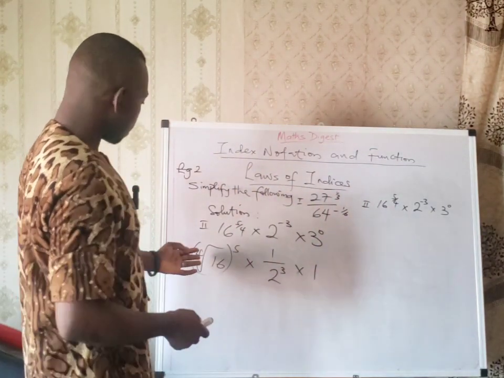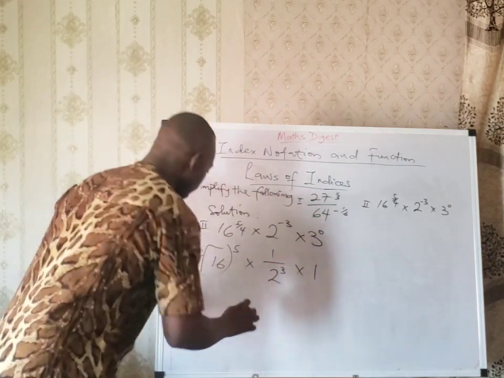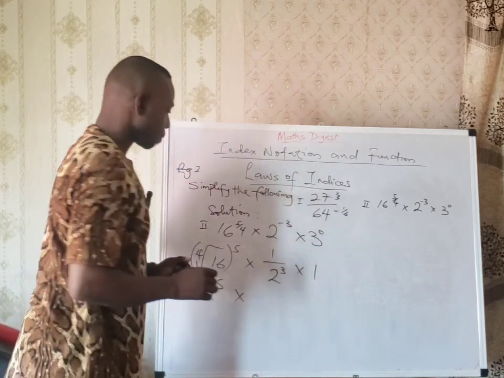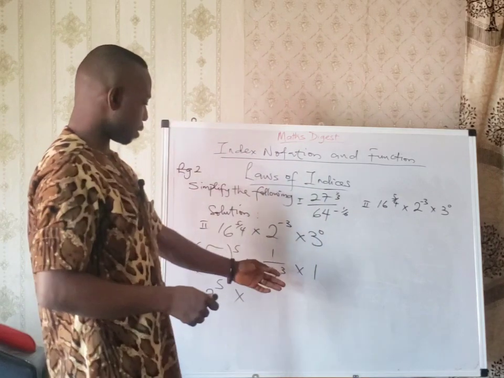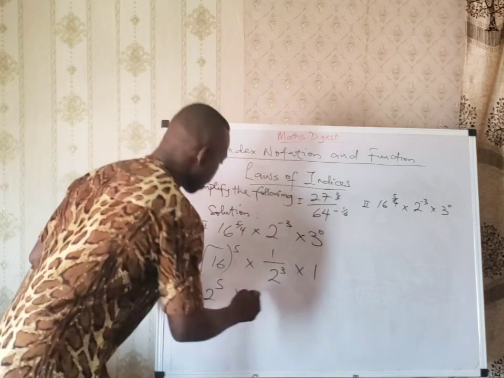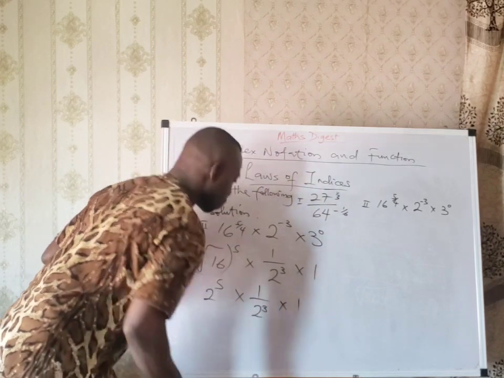So from here we can say, okay, what's the fourth root of 16? Simply we can have 2. Okay, 2 raised to power 5 times 1 over 2 raised to power 3 times 1.